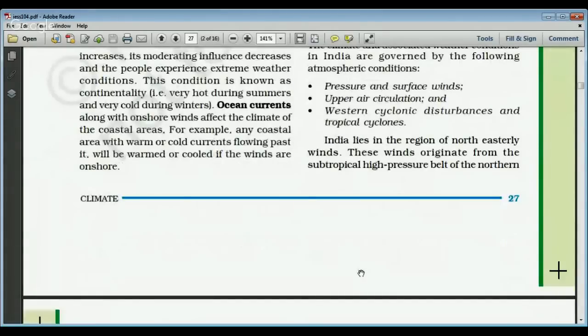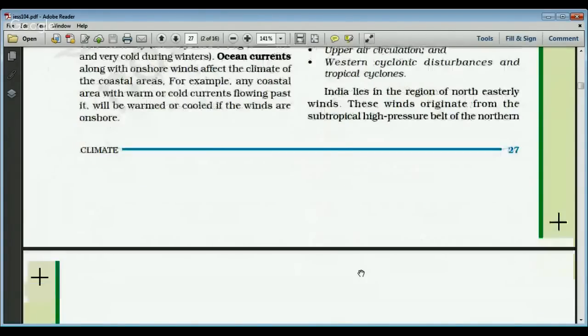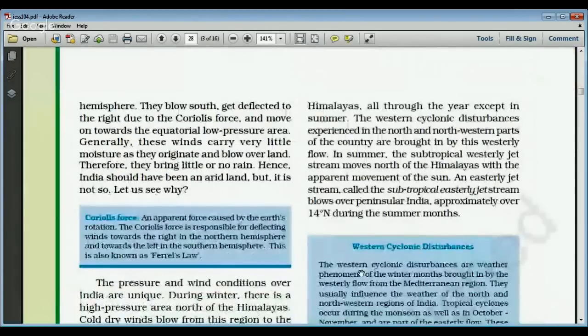Now, India lies in the region of northeasterly winds, and these winds originate from the subtropical high pressure belt of the northern hemisphere and blow towards the south, but they get deflected to the right because of the Coriolis force, and move on towards the equatorial low pressure area.